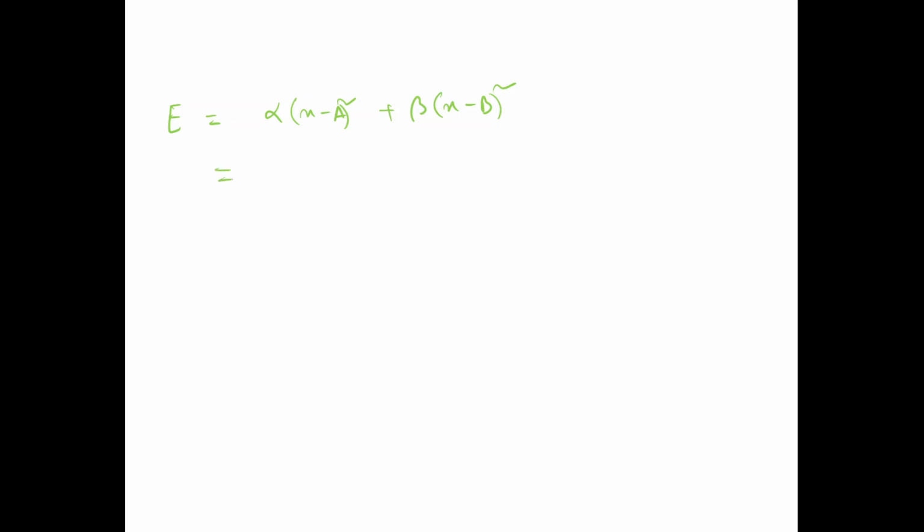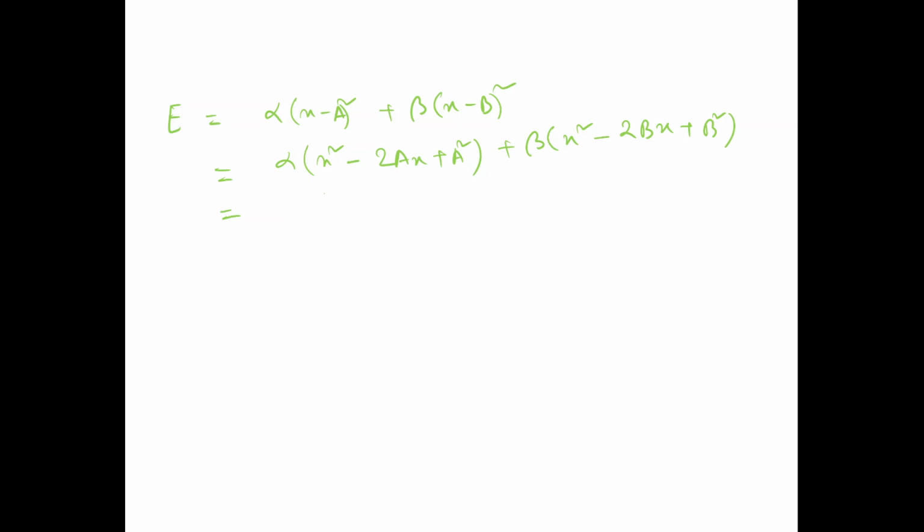Now let's expand this. So now you'll have alpha (x square minus 2ax plus a square) plus beta (x square minus 2bx plus b square). Now you can take common x square.